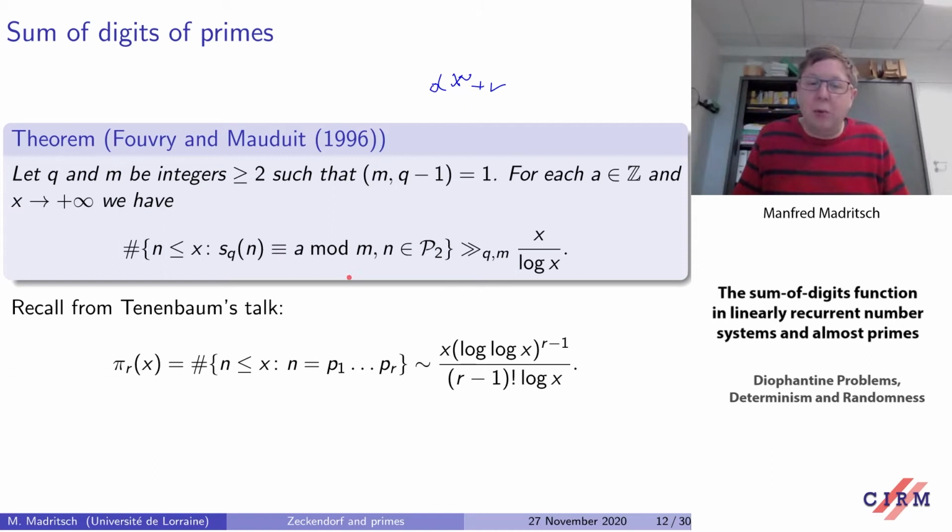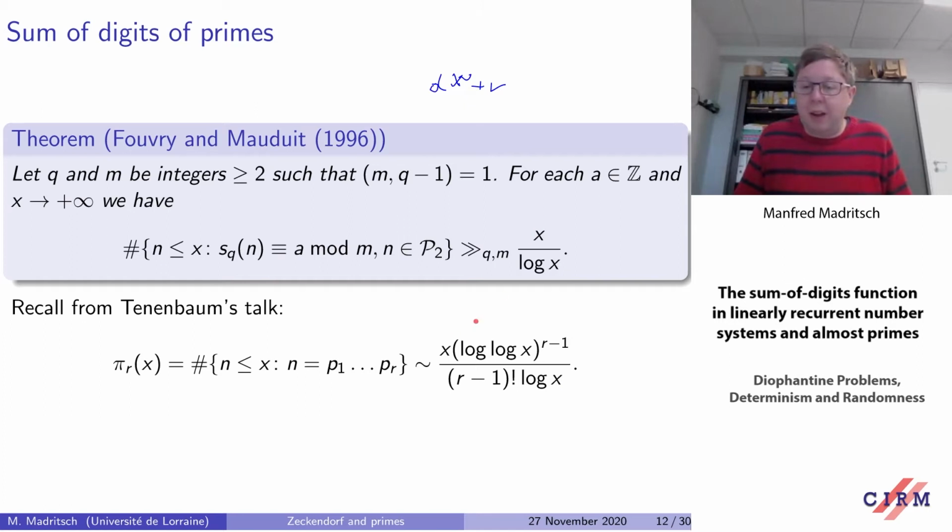Fourier and Madritsch could show that if you look at the sum of digits function along these almost primes, then you get a lower bound of the size x over log x. Yesterday in Gerald's talk, he was also introducing the almost primes, the r-almost primes, and we saw that the number of almost primes up to x is about x (log x)^(r-1) over (r-1)! times log x.